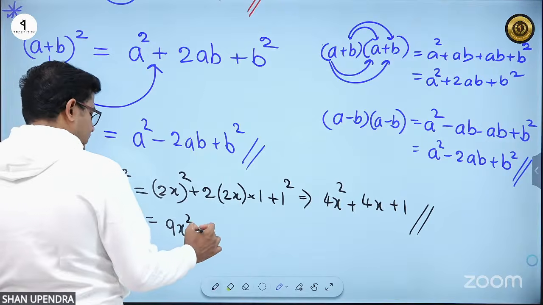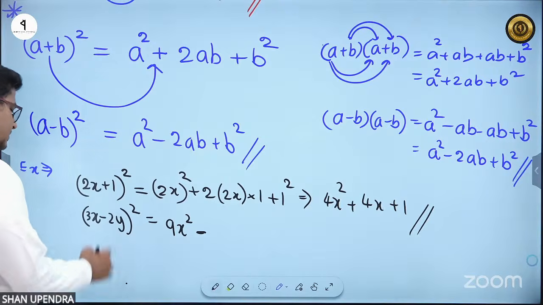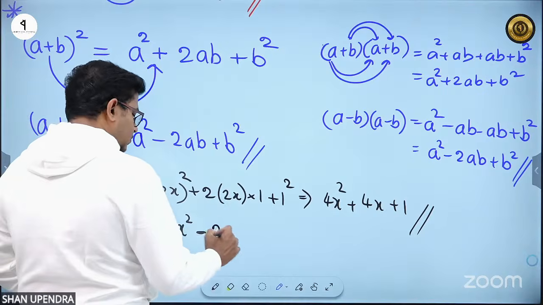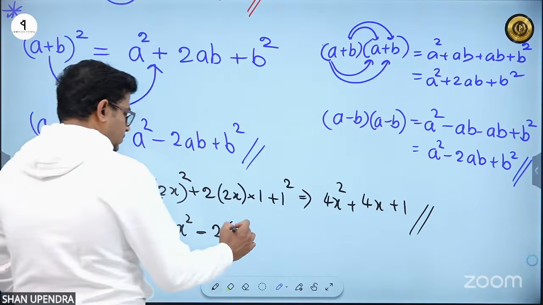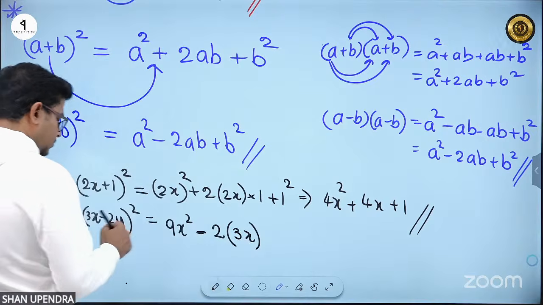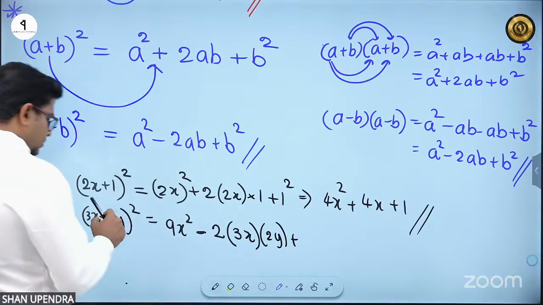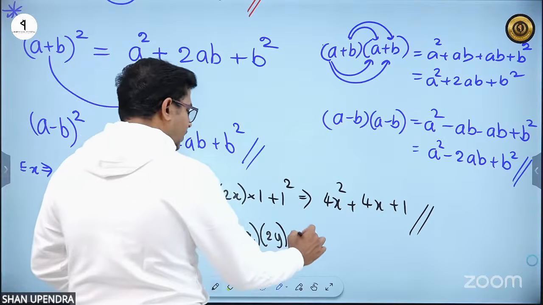Then minus, since this is minus, you need to put minus here. Then you need to take 2 into 3x into 2y, plus (2y) total squared, that means 4y squared.